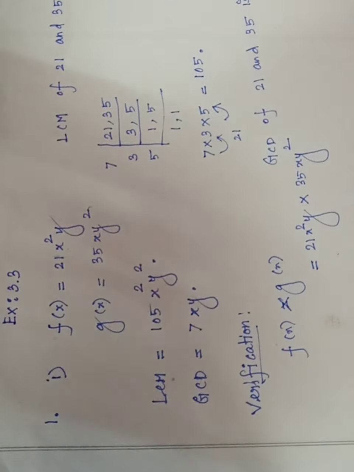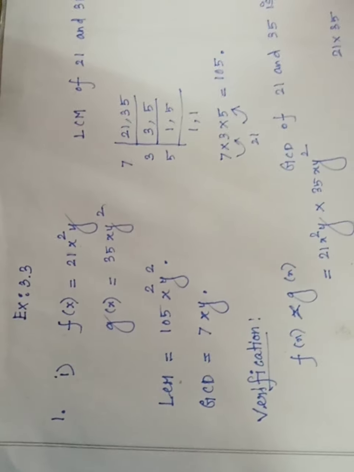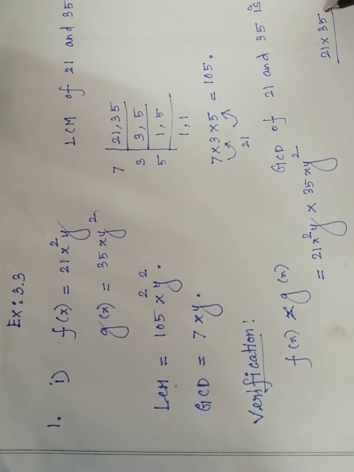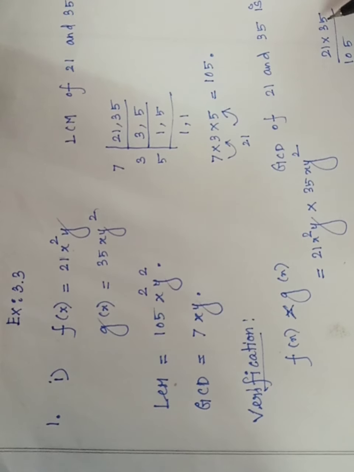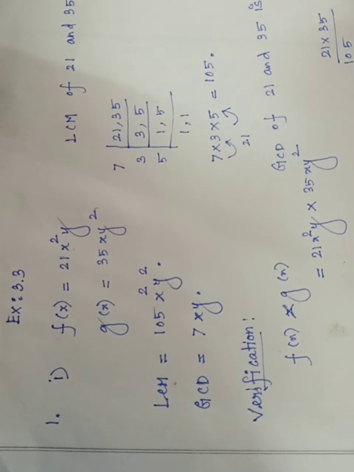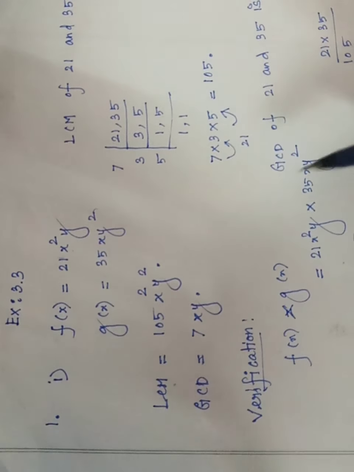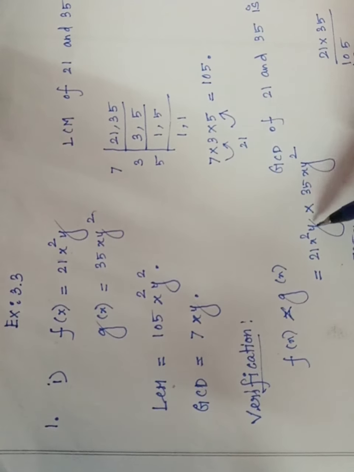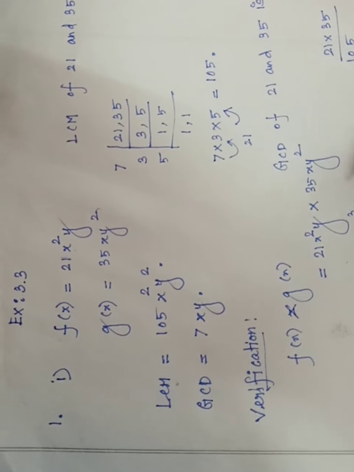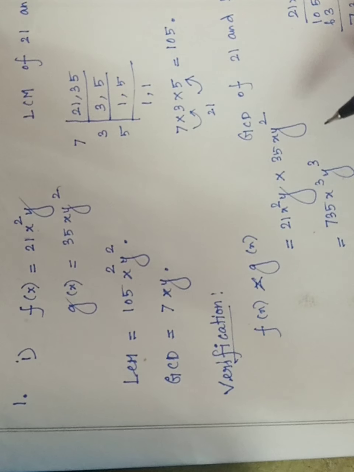So 21 into 35. What do we get? 5 ones are 5, 5 twos are 10, 105, 3 ones are 3, 3 twos are 6, 5, 3, 7. So 735. When you multiply x square into x, x cube, and y into y square becomes y cube.